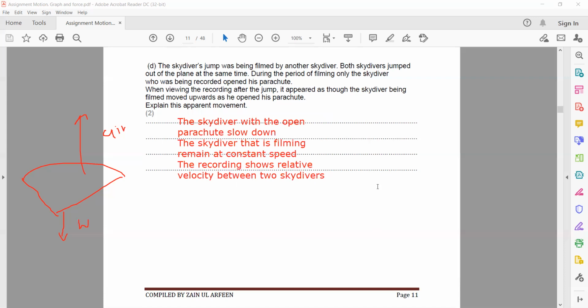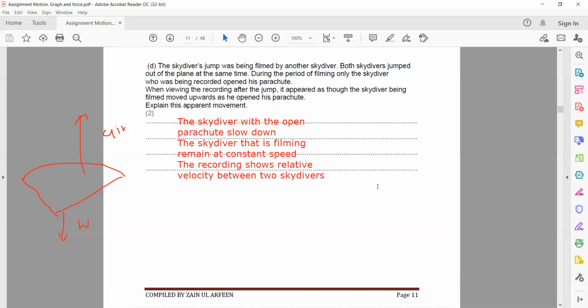So basically what happened, as I mentioned, the skydiver was being filmed by another one, but both jumped together out of the plane. During the period of the filming, only the skydiver who was recording opened his parachute. So when viewing the recording after the jump, it appeared as though the skydiver being filmed moved upward as he opened his parachute.